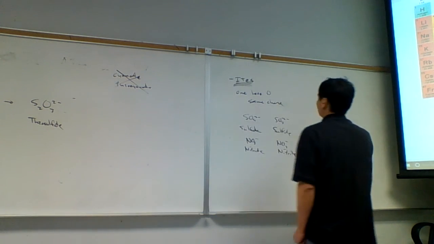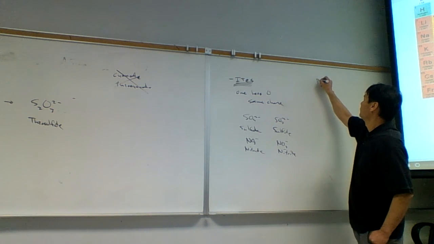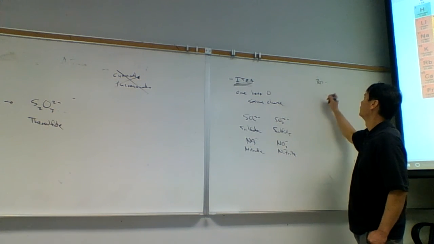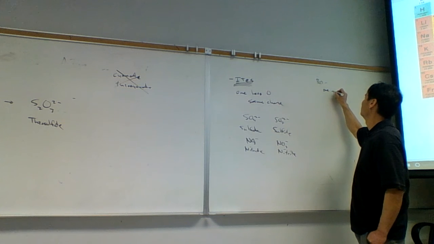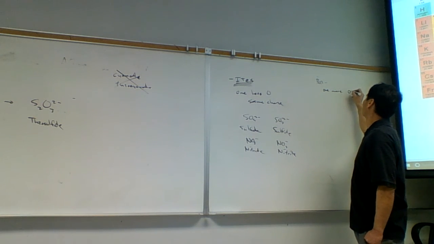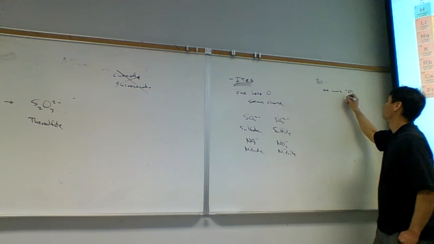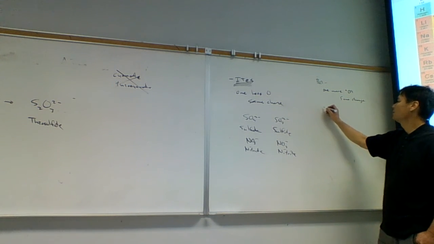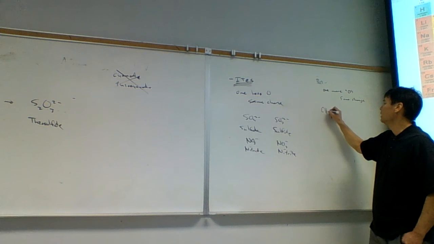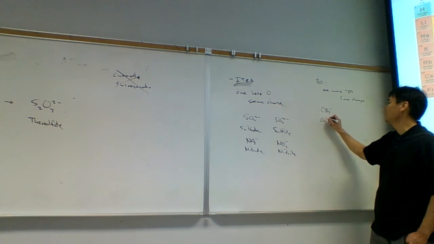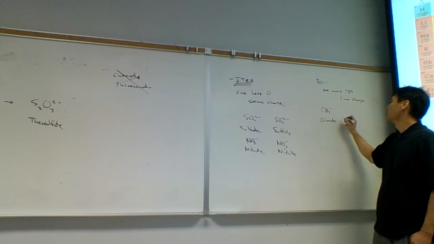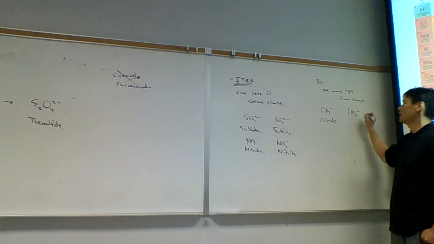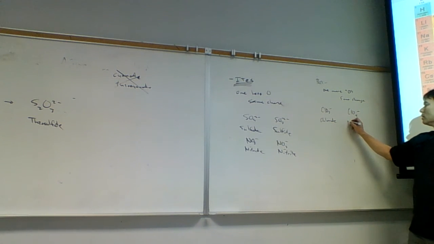Those are the endings. And then we have the prefixes. Per is 1 more oxygen, same charge. An example of that would be ClO3 minus, which is called chlorate. And therefore ClO4 minus has 1 more oxygen, same charge.